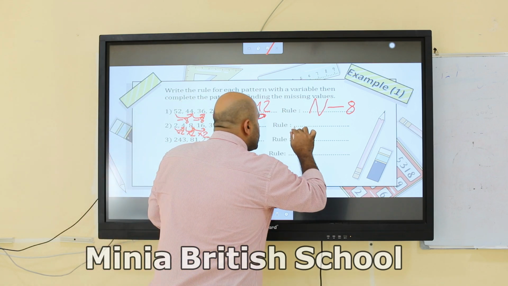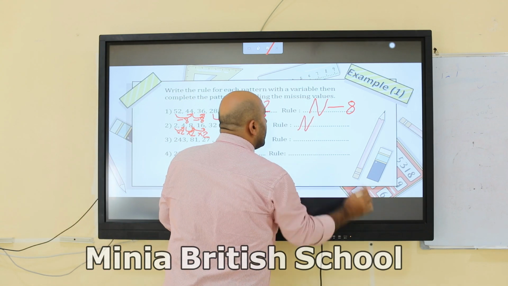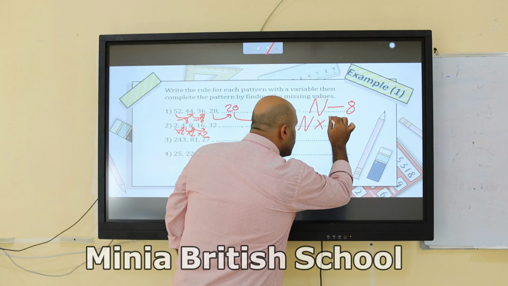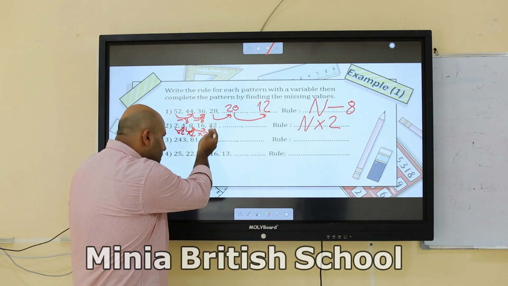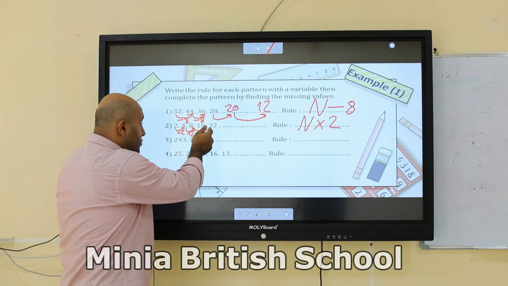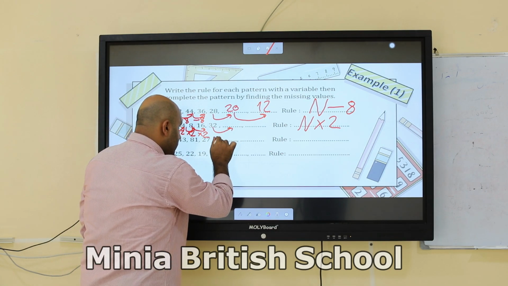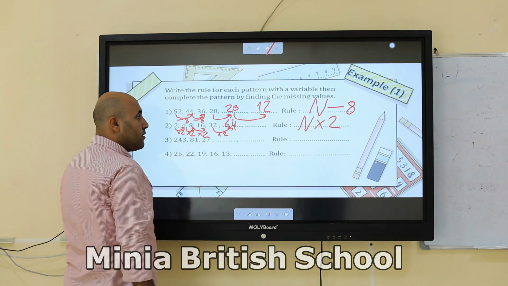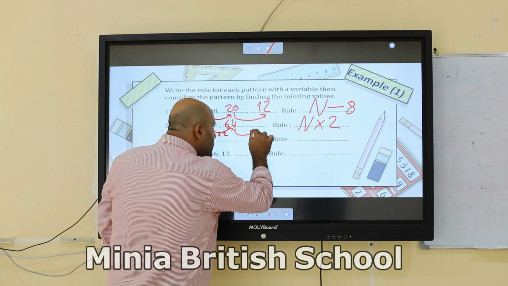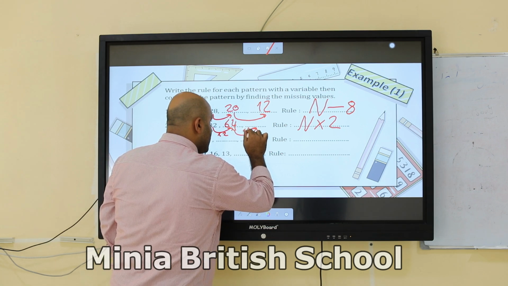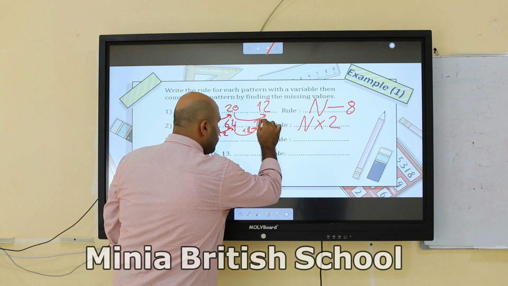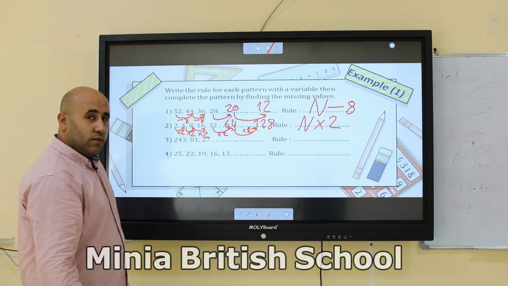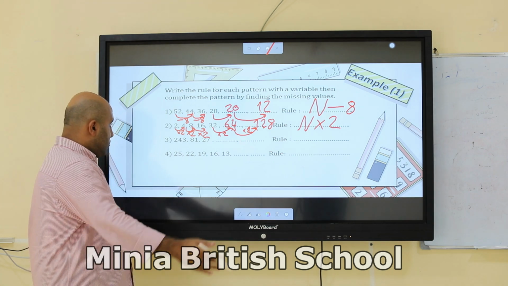Any number, so our symbol will be n, gets multiplied by 2. So let's apply. 32 times 2 gives me 64. 64 times 2 also gives me 128, and so on until infinity. You got it? Let's get to the next one.